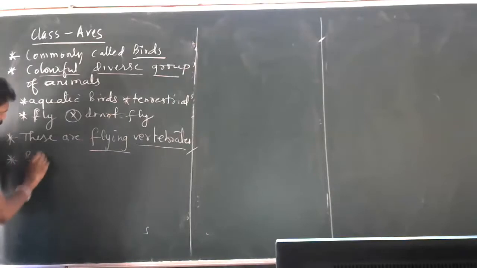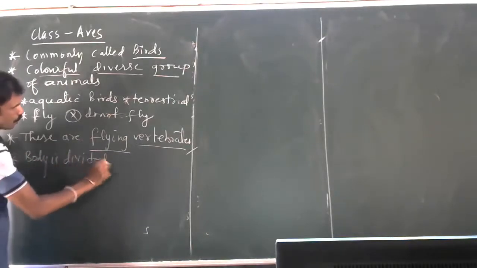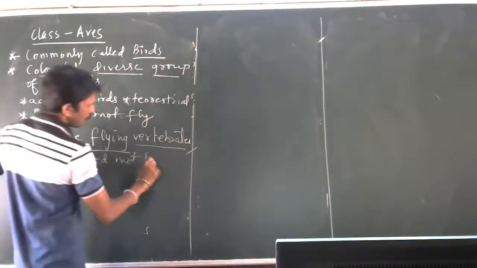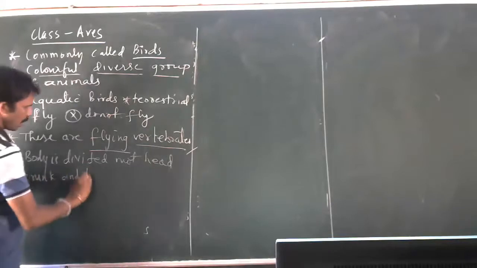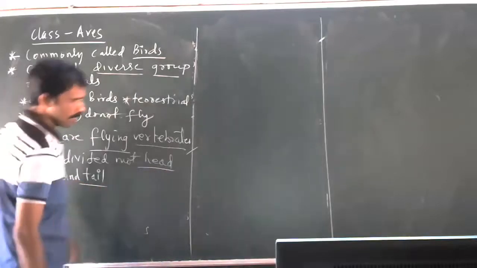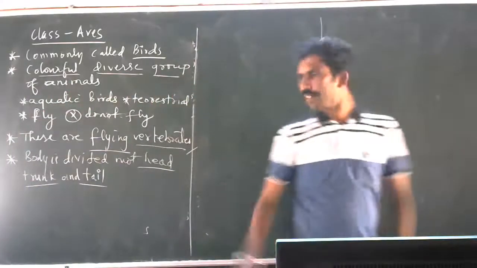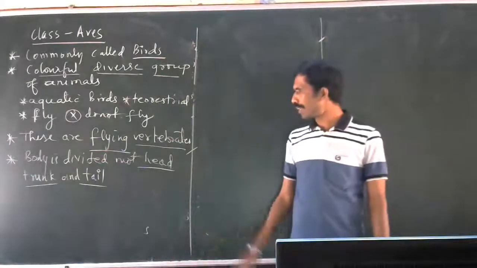The body is divided into head, trunk, and tail. That's the identifying character.